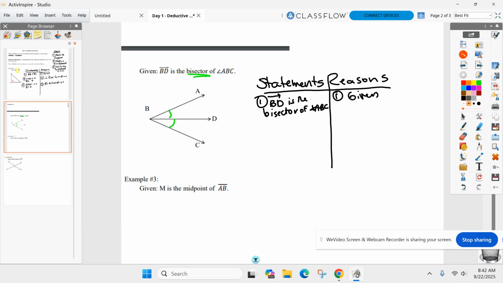Because that was given. And this is why I have you mark your diagram, because that can be your second statement, is what you marked in your diagram, but in words now.